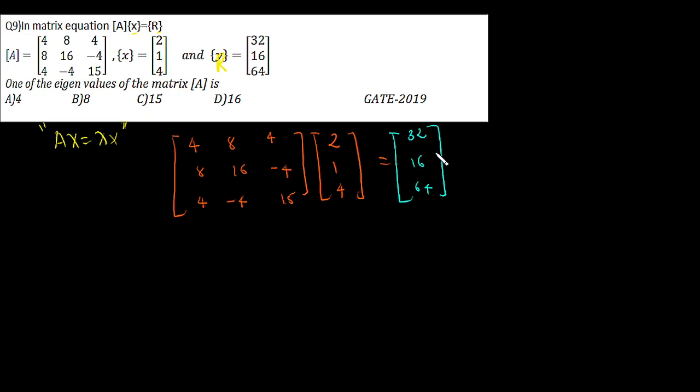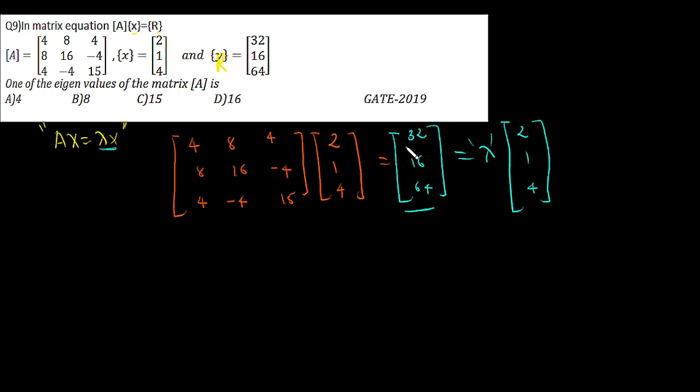So now again we have to represent this vector as lambda times the initial vector. Let's assume any scalar lambda, which is the eigenvalue, and put this vector 2 1 4 as it is, because if this happens, then we can say the matrix has eigenvalue lambda, this scalar.